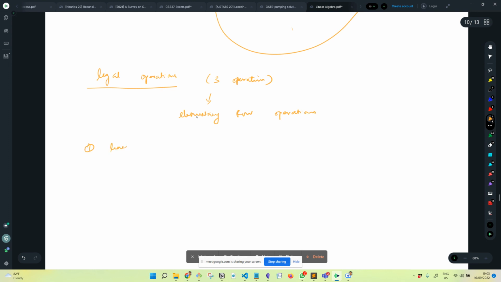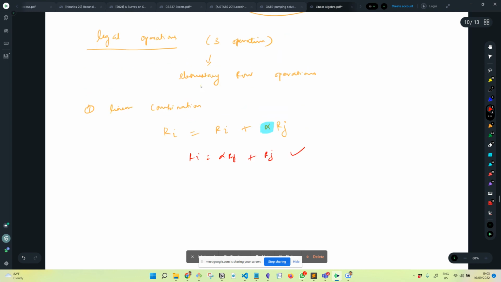Now what are those operations? First we saw linear combination. What is a linear combination? It is an operation of the form Ri equals Ri plus alpha times Rj. Now mind you, I told you that you should always represent a linear combination in the Ri plus alpha times Rj format only, right? While it is perfectly legal to write Ri equals alpha times Ri plus Rj, and this is also a valid operation, in this class we'll restrict to operations of only the first type.